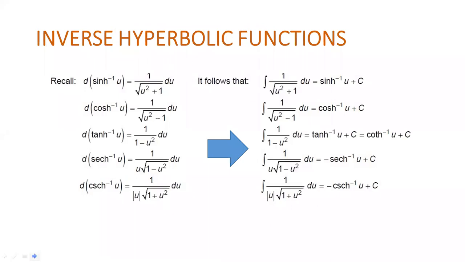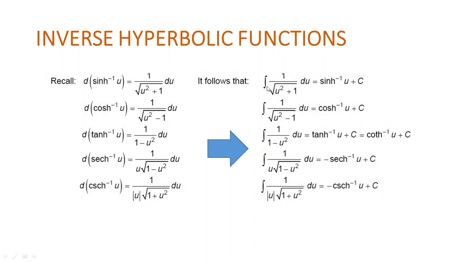Now, we're done with hyperbolic functions. Then you're now ready to process integrals which will yield the inverse of a hyperbolic function. Now, this is similar to the inverse of trigonometric functions. Okay?